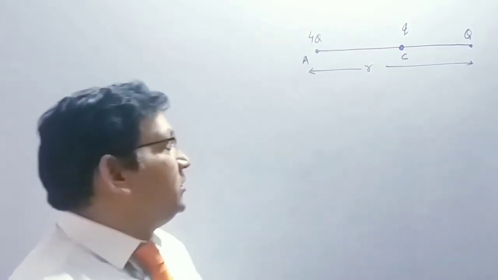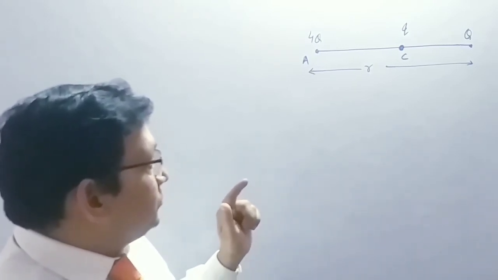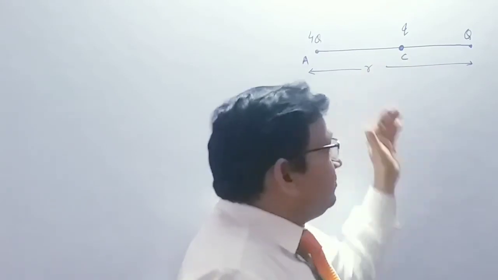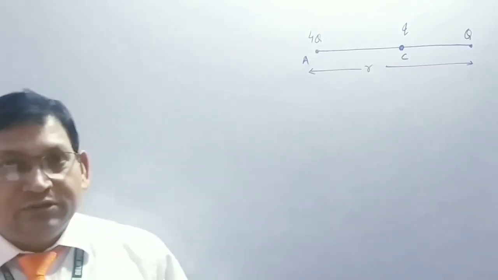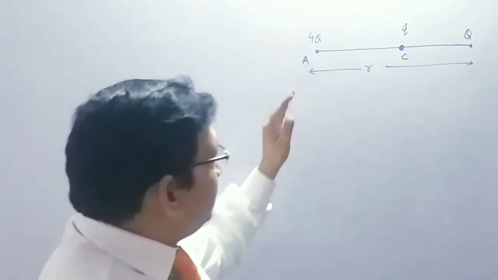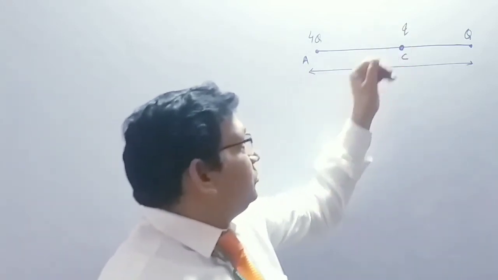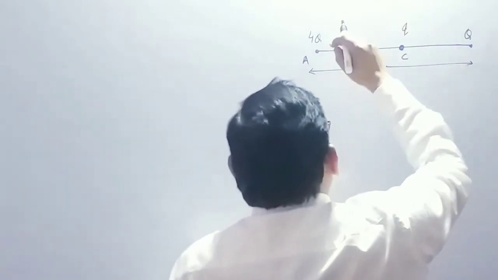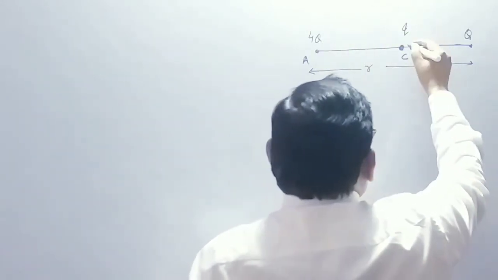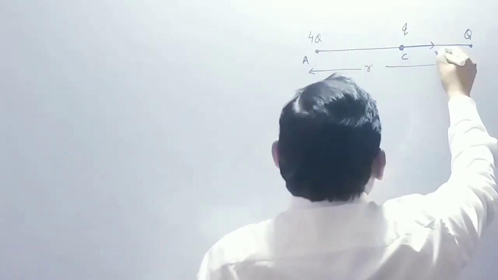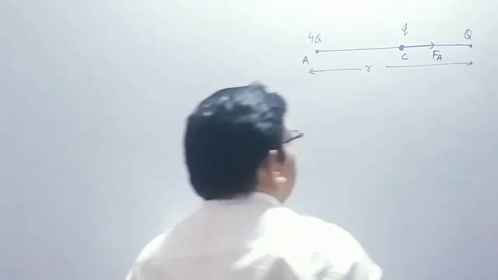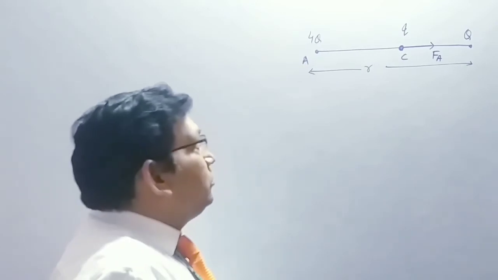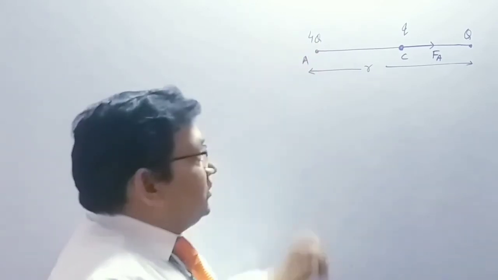Or either say the magnitude of the force due to this charge and due to this charge is same but the direction is opposite. So we apply the equilibrium condition on small q. This is the direction of force acting on small q due to 4q charge.